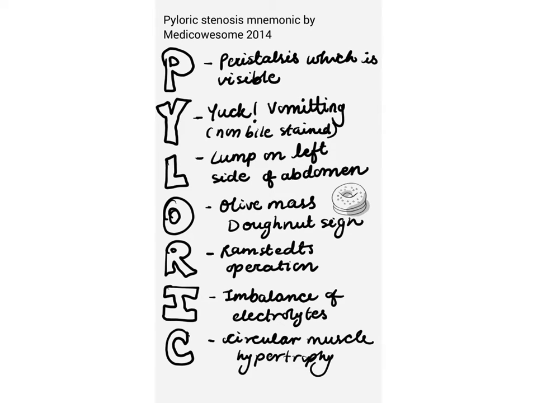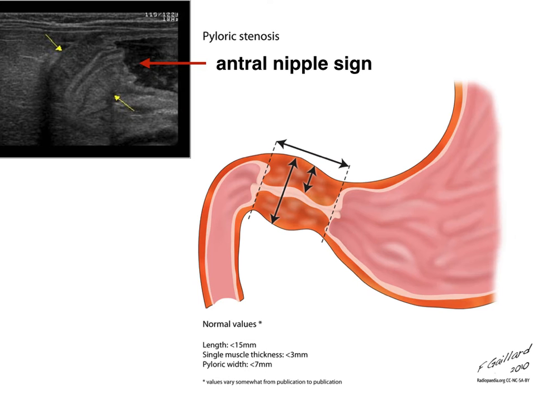Then we move to the pylorus. We know pyloric stenosis has a lot of criteria to remember. Peristalsis is sometimes visible, and sometimes there is non-bilious vomiting, and the diagnosis is based on ultrasound.